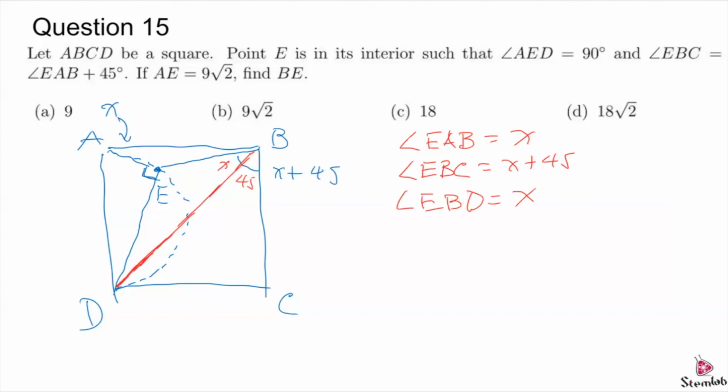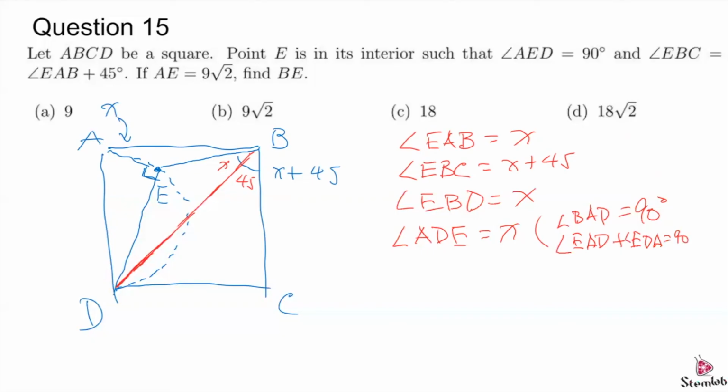We also can show that angle ADE is actually equal to X because angle BAD is 90 degrees and there's a right triangle AED, which means that angle EAD plus EDA must also be 90 degrees, right?